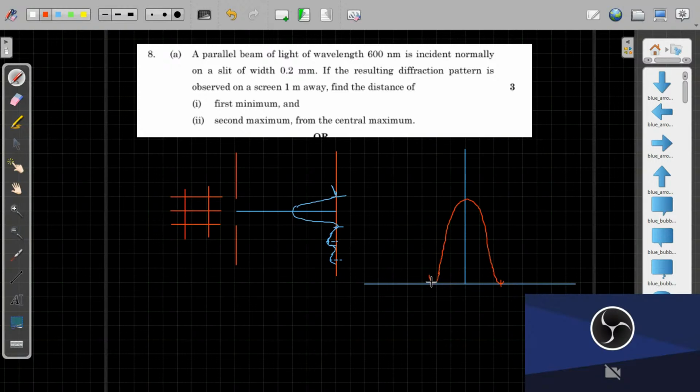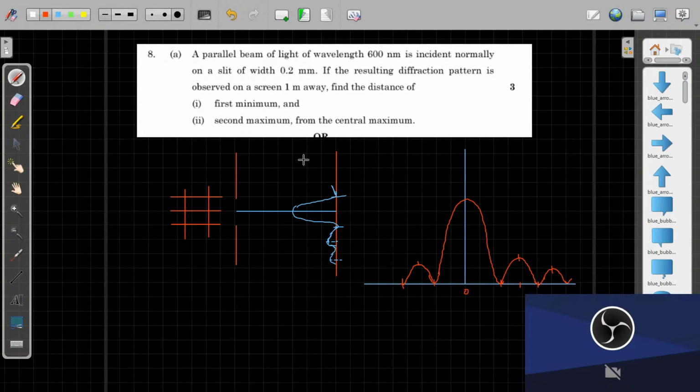This is the first minima, this is the first maxima, this is the second minima, this is the second maxima, and so on. Same here on the other side. Let us keep it on the left-hand side, one direction only.